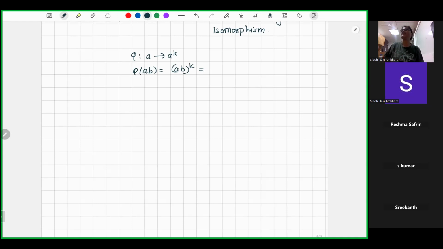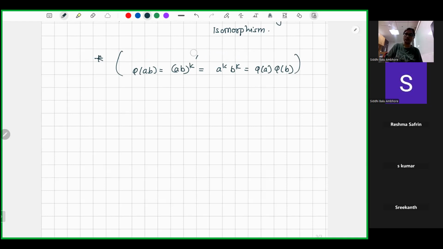Since we are in the abelian case, I get a power k times b power k, which is phi of a times phi of b. That's not a problem, so this is true for any k.